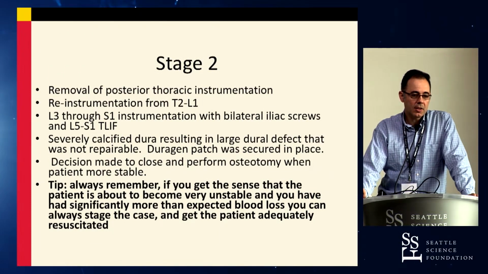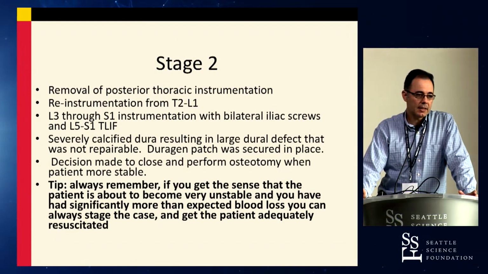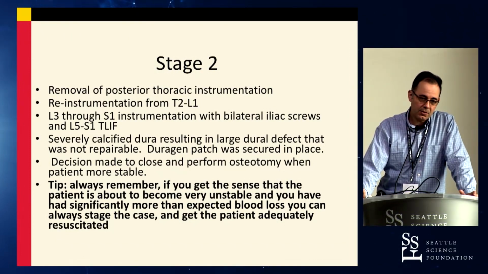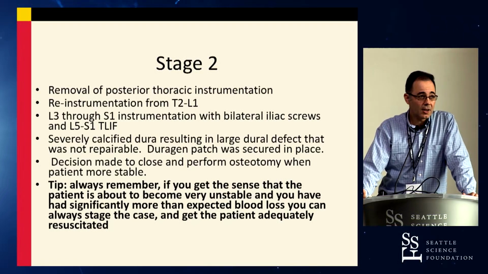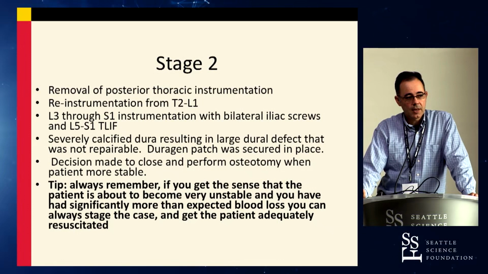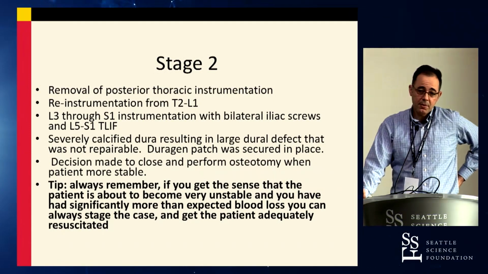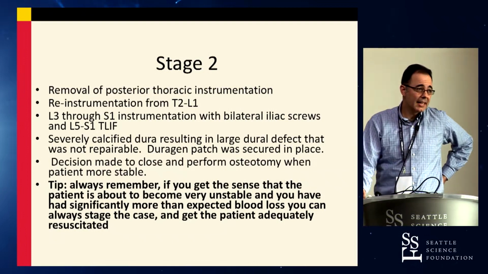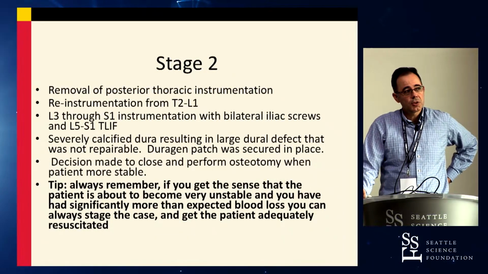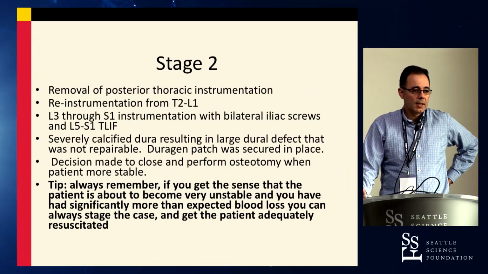So there basically was a very large defect in the dura after removing this calcified ligamentum flavum that was adherent to the dura. And so as you all have witnessed, if you get a bad durotomy, you get a lot of epidural bleeding. And this patient had a large exposure. There was a pretty profound blood loss.